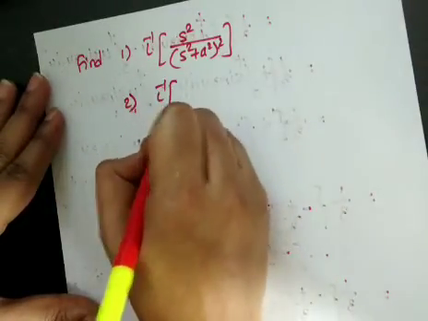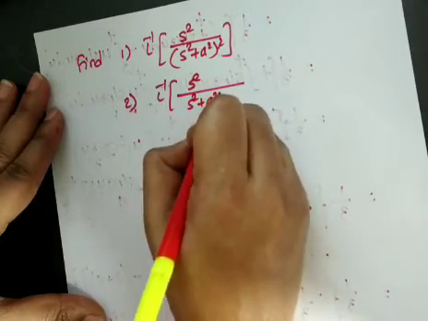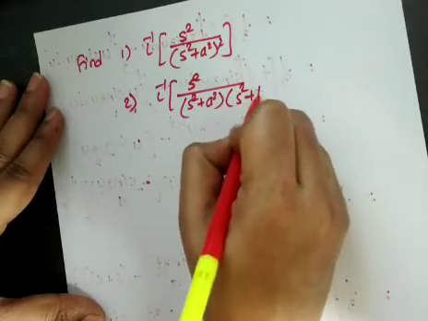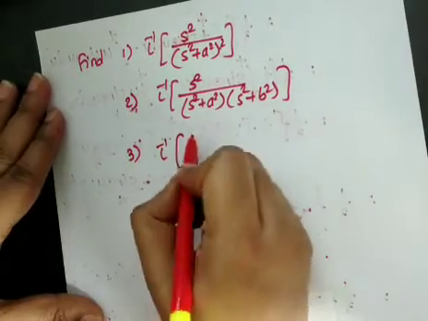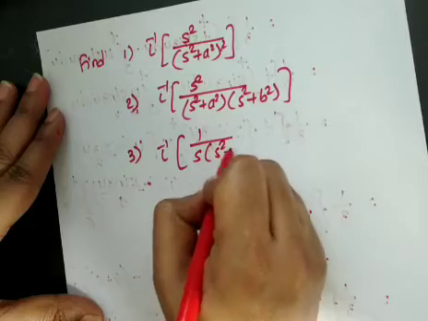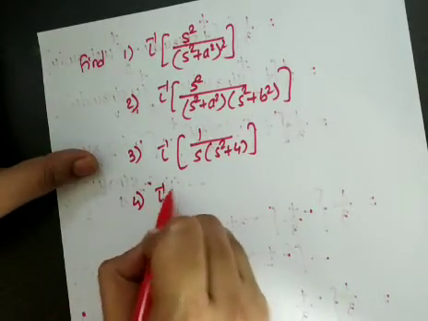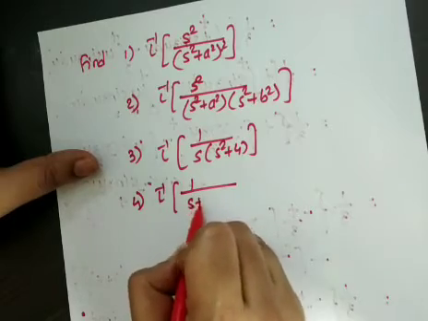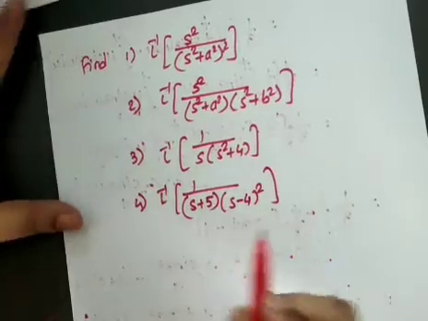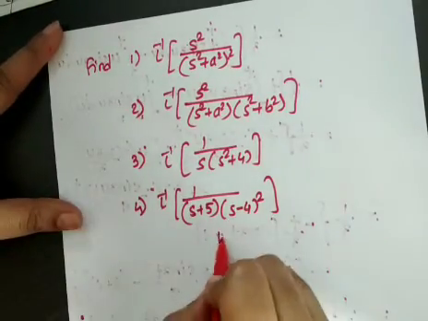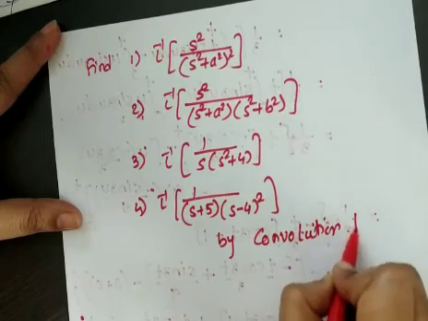Second, Laplace inverse of s square upon (s square plus a square) into (s square plus b square). Third, Laplace inverse of 1 upon s into (s square plus 4). Next, Laplace inverse of 1 upon (s plus 5) into (s minus 4) square. All of them by the convolution theorem.